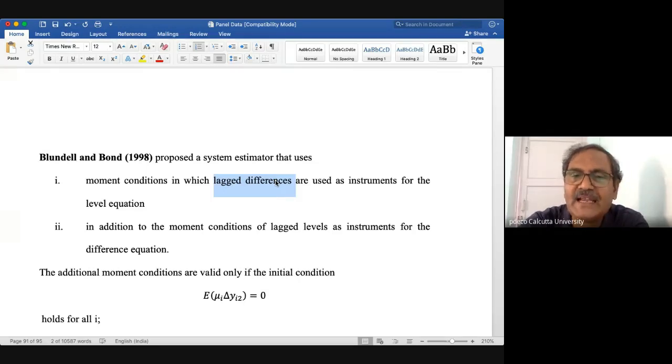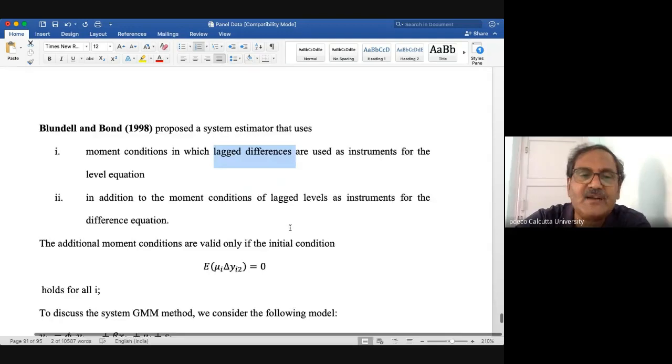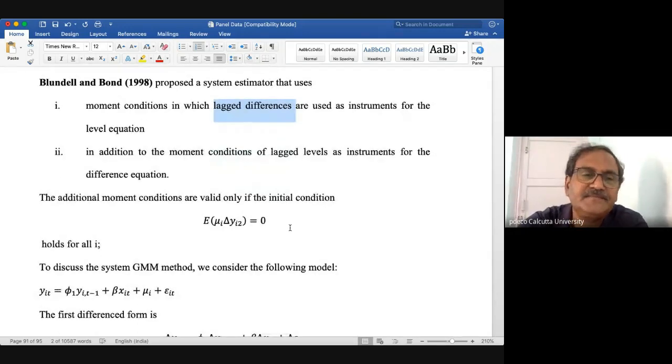In addition to the lagged values of the variables, as we have in Arellano-Bond, yi0, yi1, yi2, etc., we also consider the lagged differences, that is delta yi0, delta yi1, delta yi2, etc. If we consider all those instruments together, you have a method called the system GMM method. Okay.